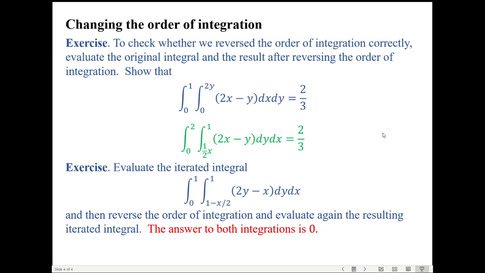So that is left to you as an exercise. That should be a simple exercise only. There is nothing difficult about this function 2y minus x. It will be more difficult if the function will contain exponentials or logarithmic or trigonometric functions. But I avoided that because the important thing here is changing the order of integration.